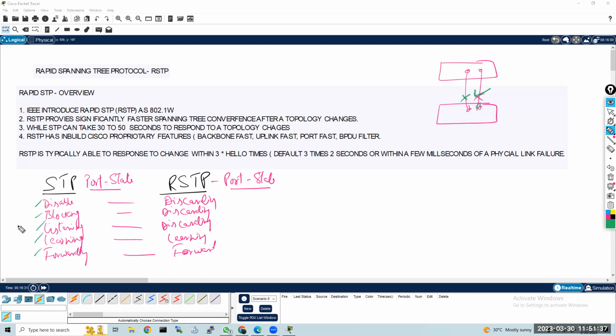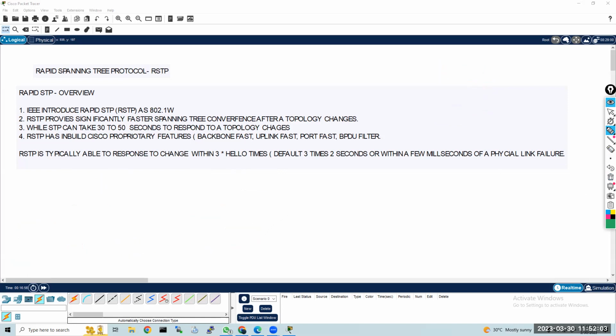Listening takes 20 seconds, forwarding 20, totalling 50 seconds. Whereas here these three will be discarded, so only 15 plus 15, total 30 seconds. Understood, right?